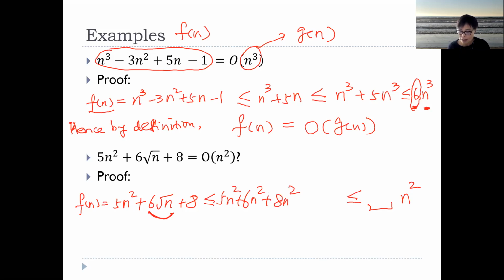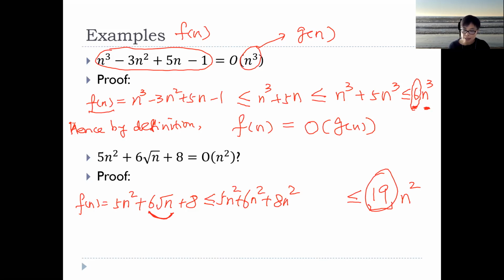So this gives us that the whole thing is smaller than 5 plus 6 plus 8, which is 19, times n squared. I don't have to be tight; clearly this constant can be made better, but we don't care because we just need to establish there exists a constant, in this case 19, such that f of n is always smaller than 19 times g of n.